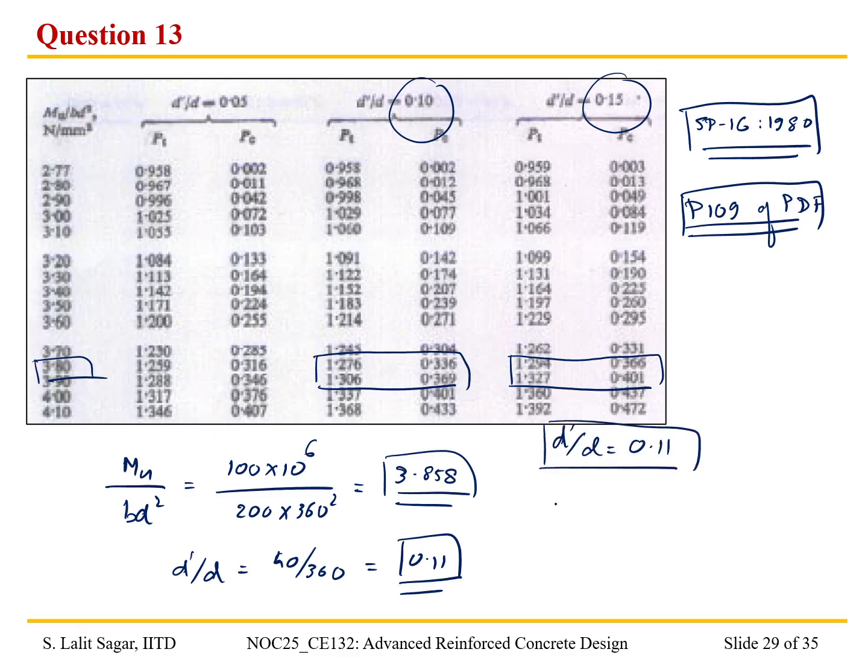So from that we first obtain the values of PT and PC. So from that we can obtain the values of AST and ASC.